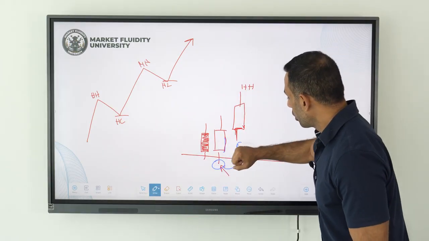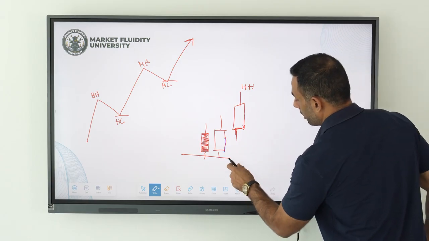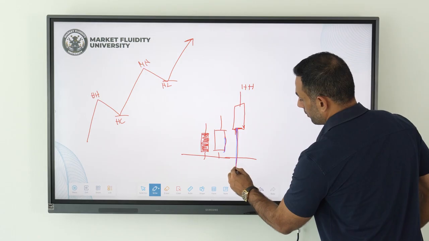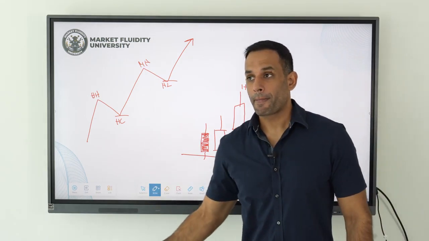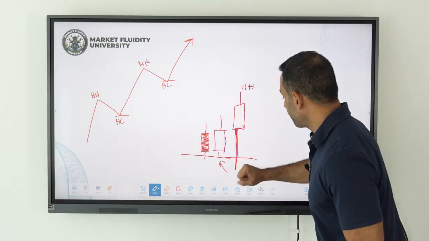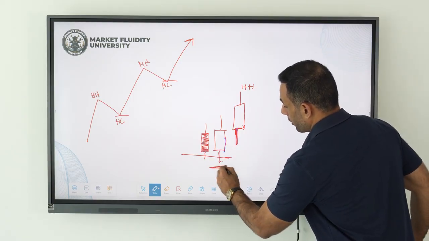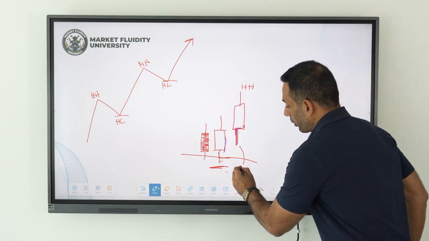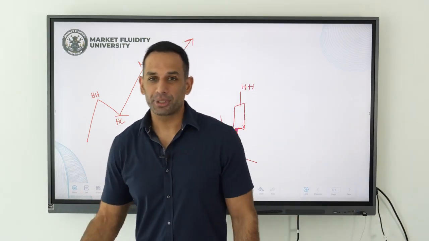On the 15-minute, what you may find most of the time is that this candle breaks the low of the previous candle and then continues to push up. So if you have your stop loss below the 15-minute candle, let's say right over here, and the next candle decides to break the low here, then you're stopped out. Which is why 15-minute is the weak confirmation time frame.